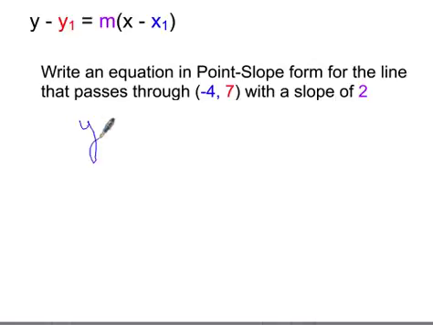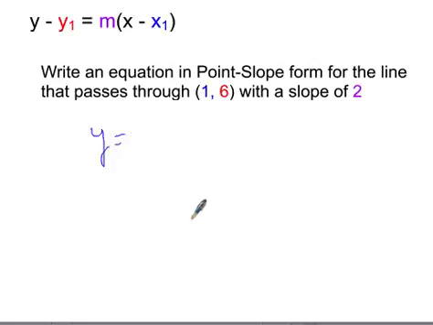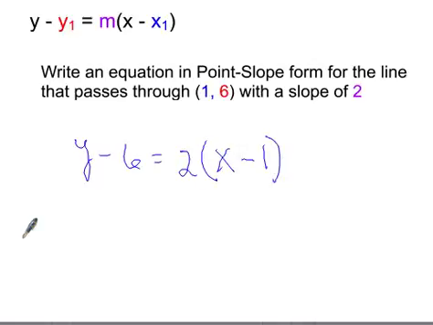Y minus 7 equals 2 times x plus 4. Good, because you caught the negative. Since it's minus negative 4, it would be plus 4. Next slide. It's the same thing. Oh, whoops, sorry, I doubled up on a slide. We'll skip it. Y minus 6 equals 2 times x minus 1. Awesome.